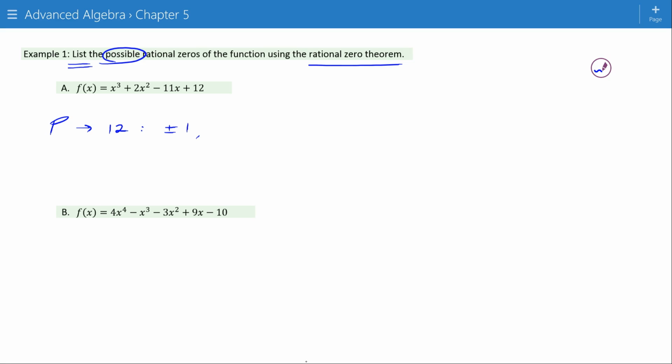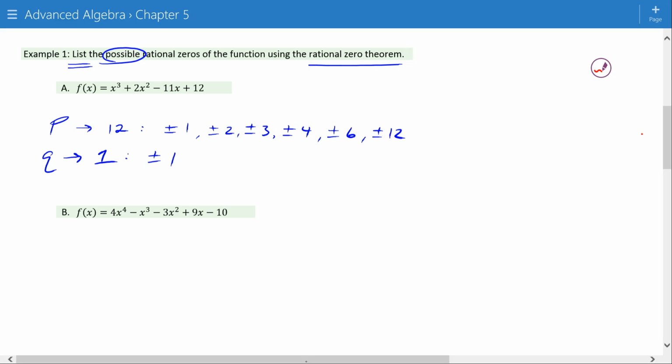So our factors are plus minus 1, plus minus 2, right? Positive 2 or negative 2 could factor into it. Plus minus 3, 4, 6, and 12. Again, it could be a positive one we could divide. It could be a negative one we could divide. We have to test both positive and negatives, so those are really important for us in this. Our Q is a 1, so the only factors of 1 are positive 1 and negative 1.